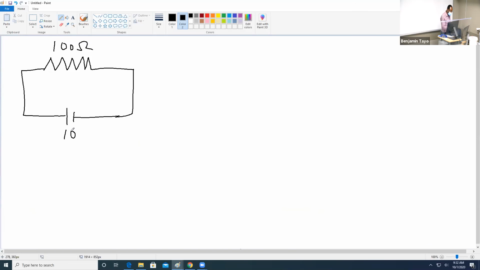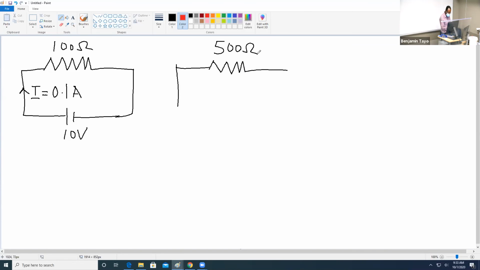This is 10 volts, and we know that here the current is going to be equal to 0.1 amps. Now, suppose that we have something that looks like this. Let's say this is 500 ohms.